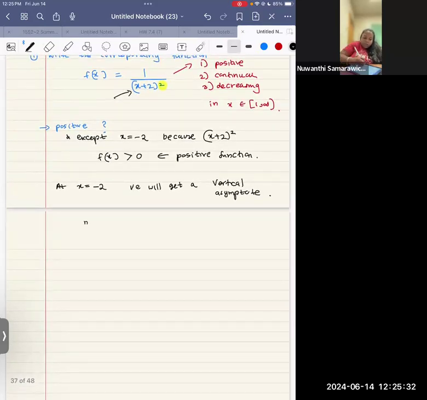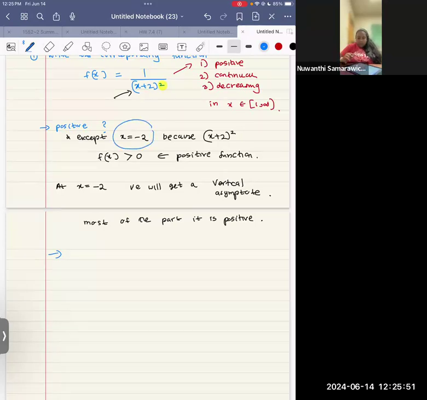But most of the function is positive. I will let you know why we are not taking this point in the other steps. But we found that it is positive. Now let's check whether it is continuous.